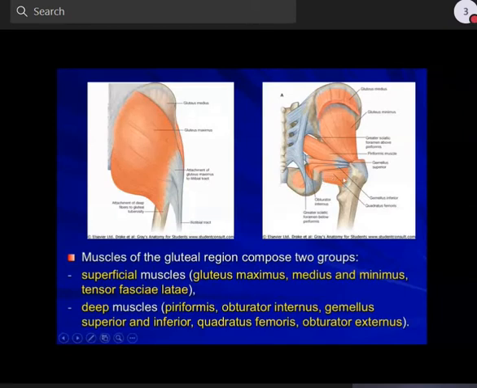What is the obturator externus? It starts on the exterior aspect of the obturator membrane and passes in front of the quadratus femoris.